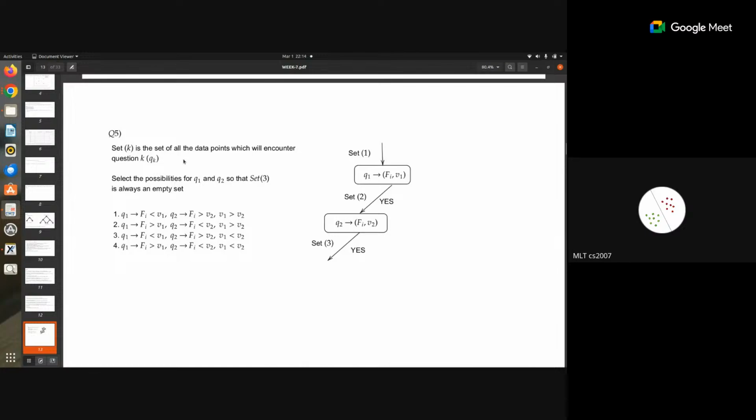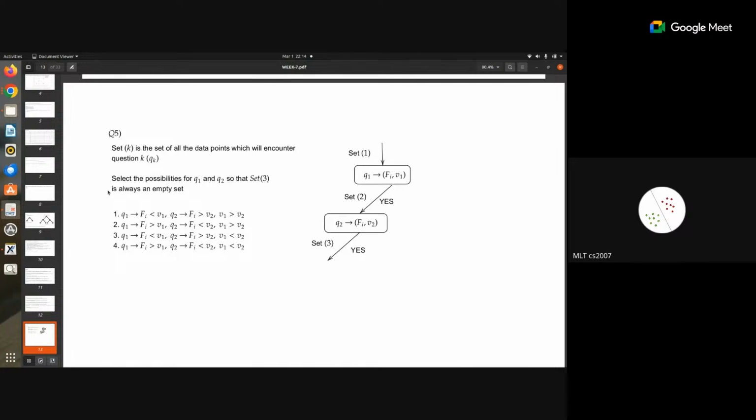Set K is the set of all the data points which will encounter question K. Select the possibilities of questions Q1 and Q2 such that set 3 is always an empty set. What is it asking here? Once you ask question Q2, you should not have any data points, so it should be an empty set.